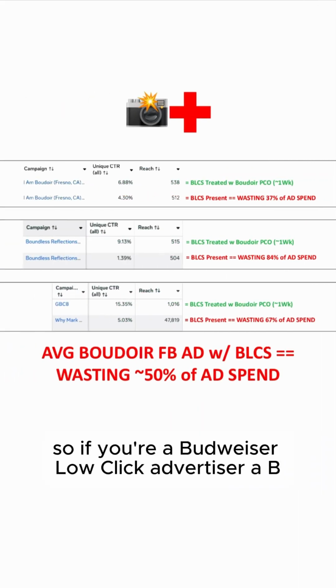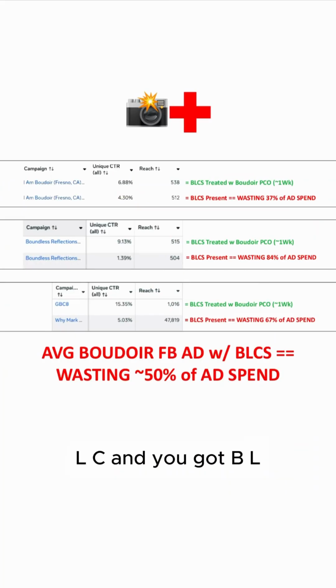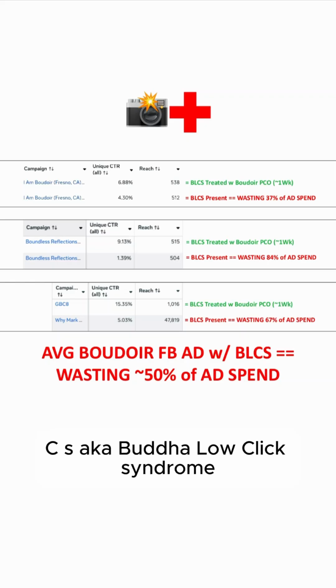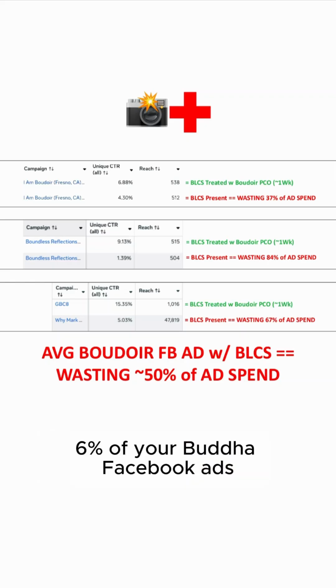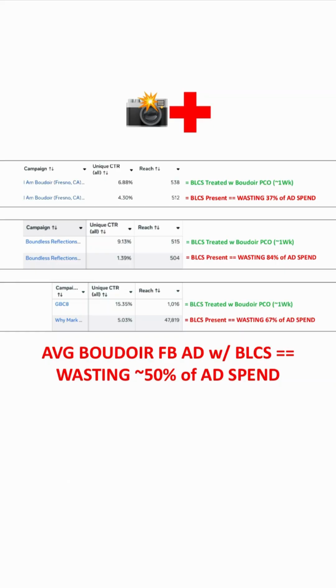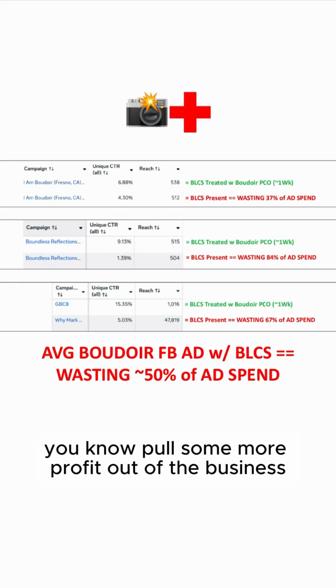All right, so if you're a boudoir advertiser and you've got BLCS, aka boudoir low click syndrome, so your unique CTRL is under 6% on your boudoir Facebook ads, and you're spending more than 10 grand a month on boudoir Facebook ads, and you want to pull some more profit out of the business.